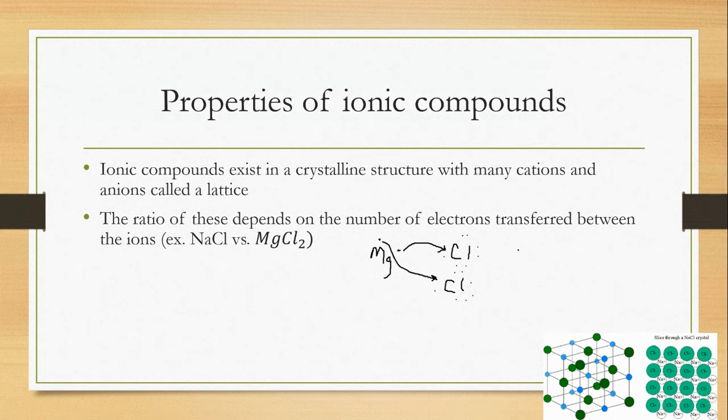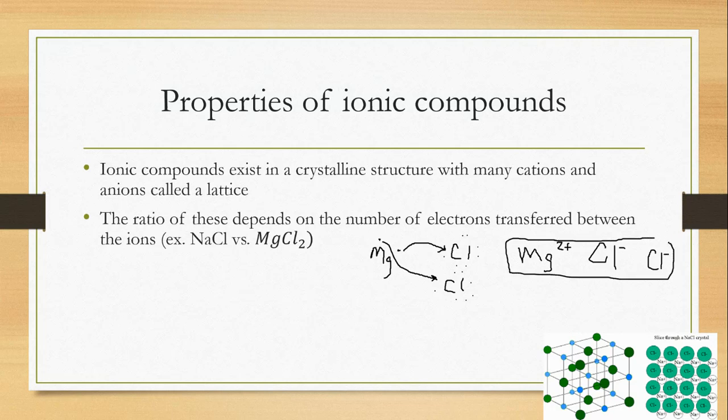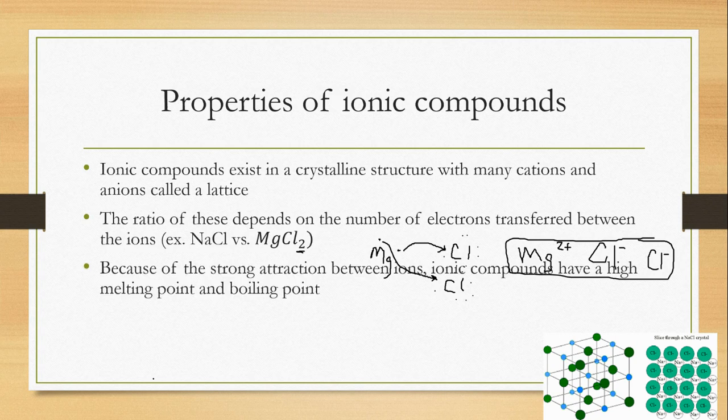What we see is a magnesium with a 2+ charge and 2 chlorine atoms, or ions, with the -1 charge. And this is the ratio we'll see. It's a 2-to-1. So we use a subscript here to let us know we have 1 magnesium for every 2 chlorines. Oh, let's get rid of all of that.